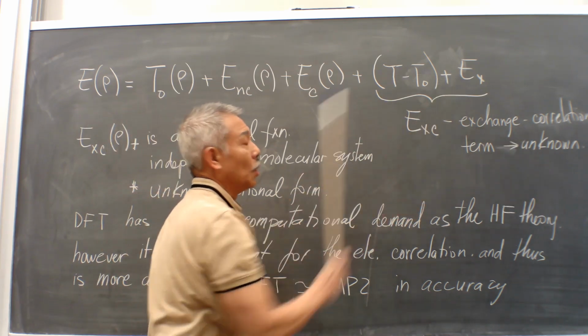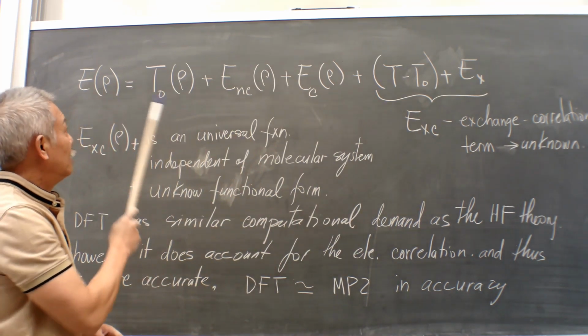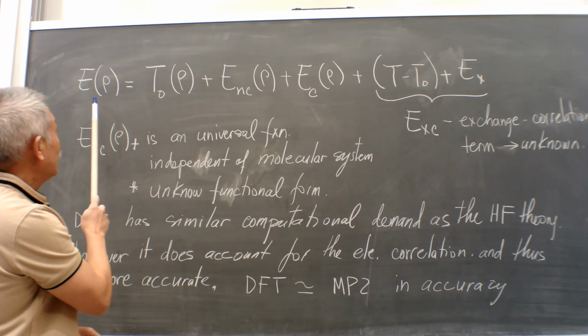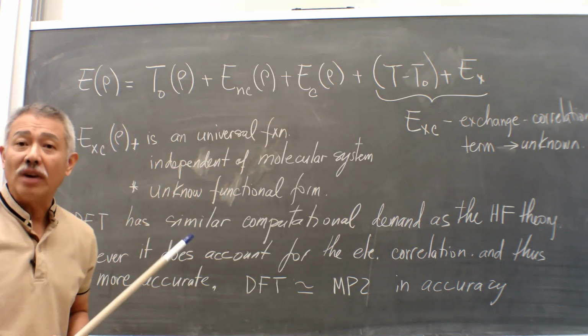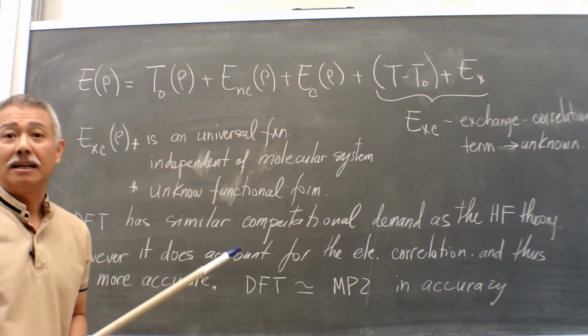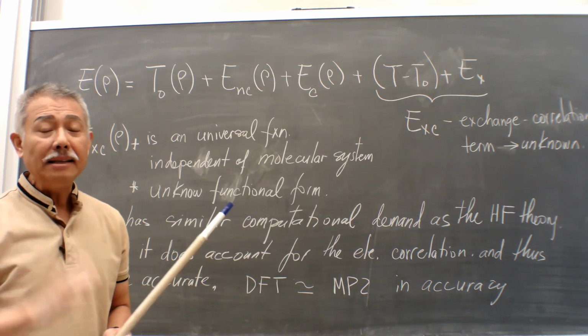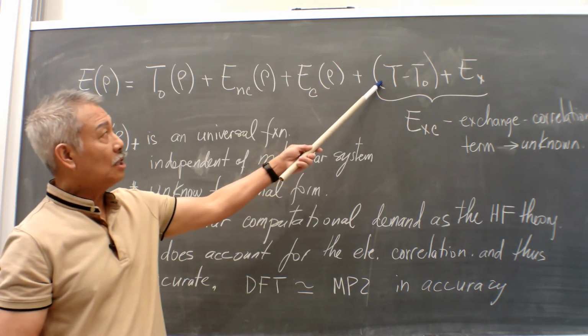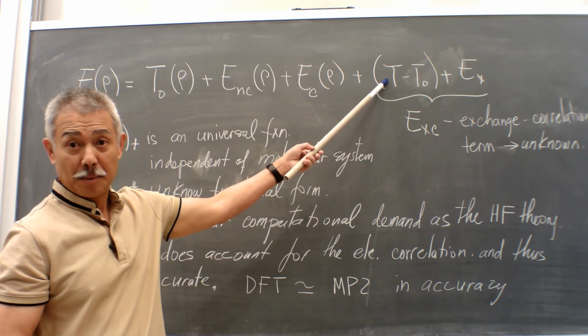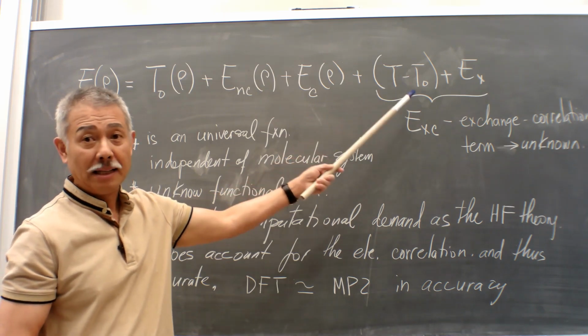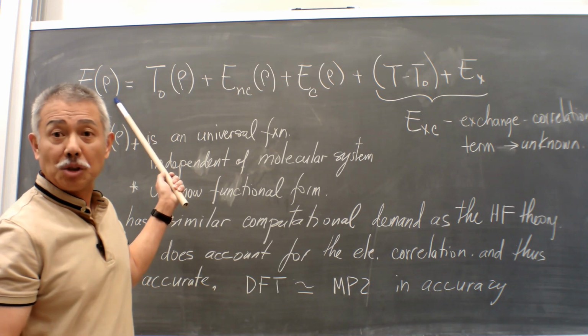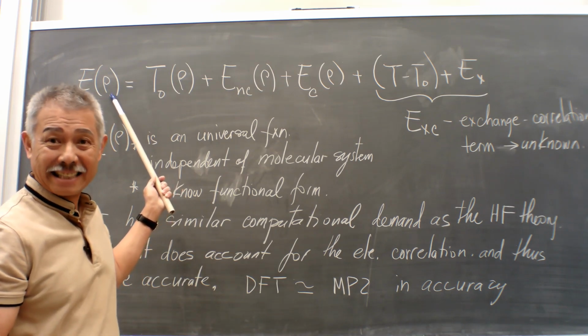And this is the unknown. So now see this. This energy is fundamentally exact. We have not made any approximations. See, this is correct, right? It's just that we don't know the term for that.